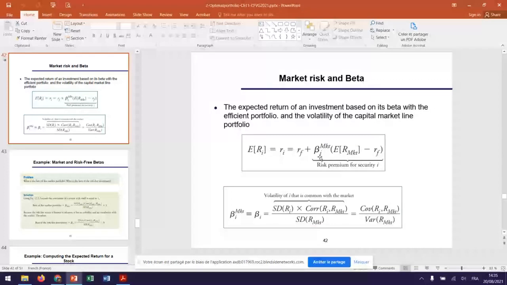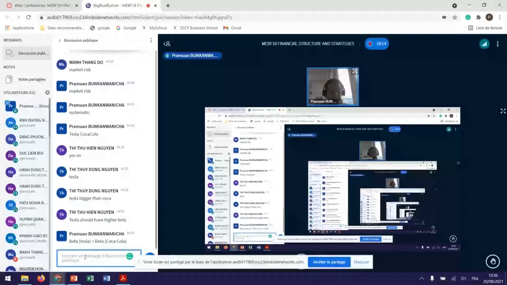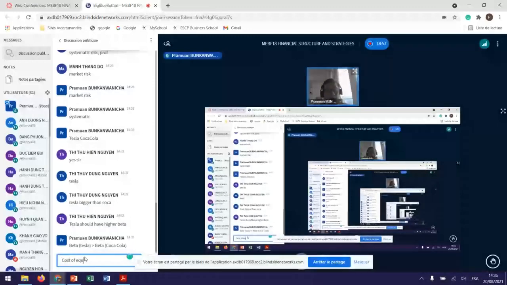The level of expected return can be computed through this formula, which we call the CAPM formula. This is an absolutely important formula that you should know by heart, because the CAPM allows you to estimate the expected return of stock i, and we often use this expected return to compute something called the cost of equity capital.